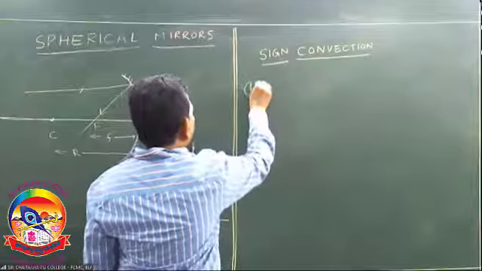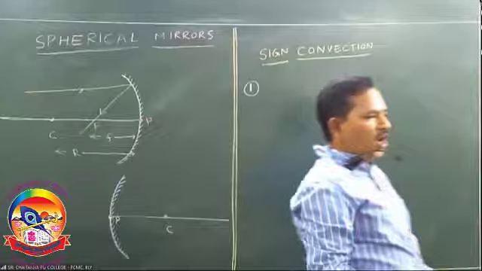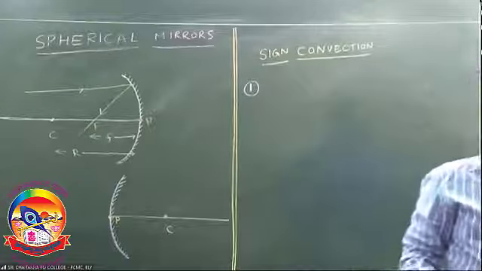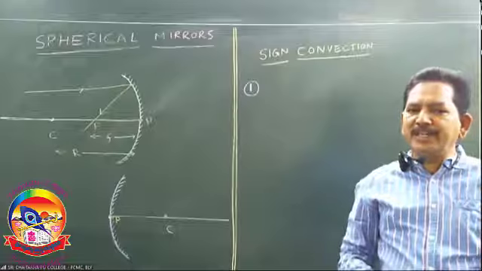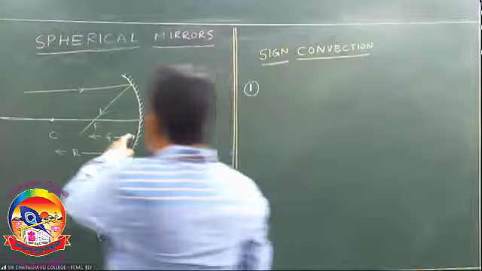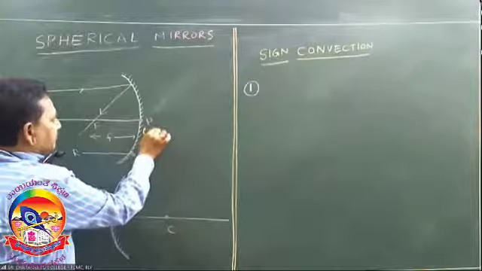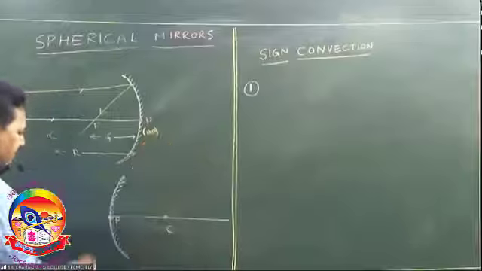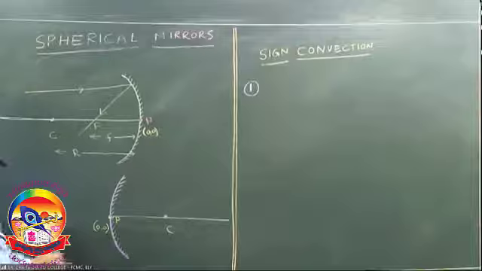The first point in the sign convention: all the distances must be measured from the pole only. The pole is treated as the origin, and all the distances must be measured from the pole only.